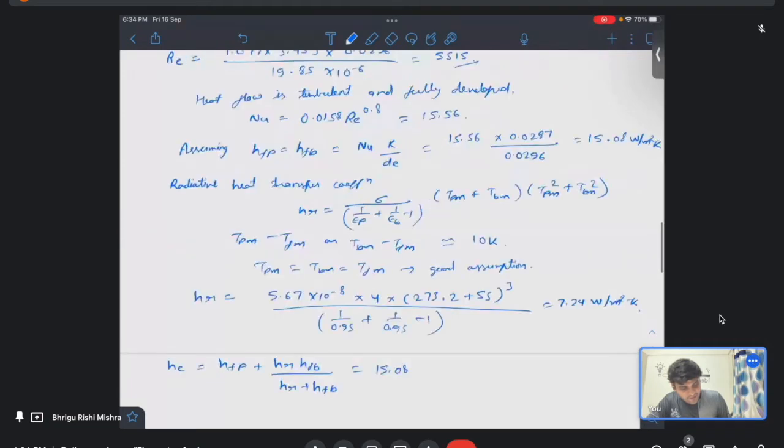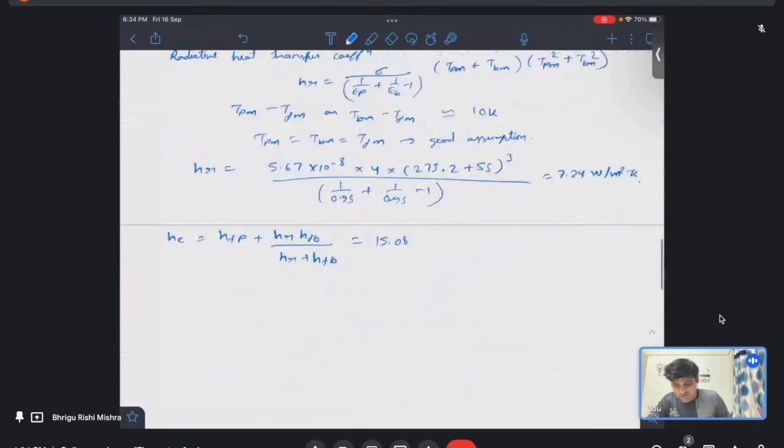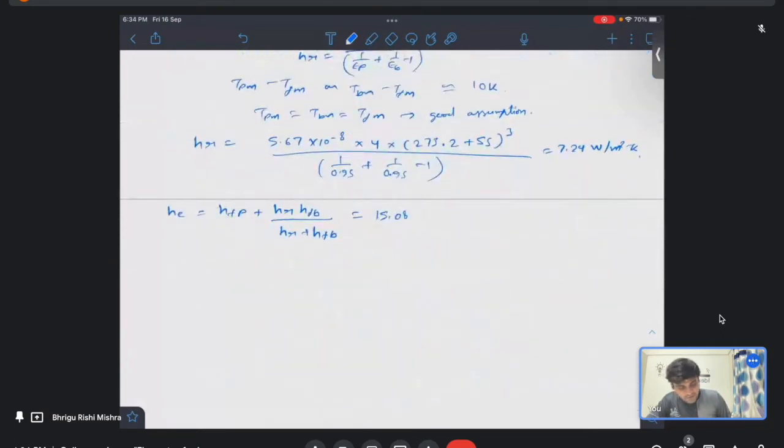So it is 15.08 plus 7.24 into 15.08 divided by 7.24 plus 15.08.